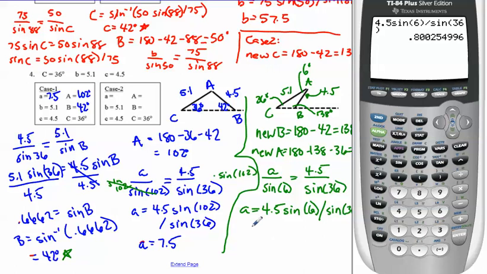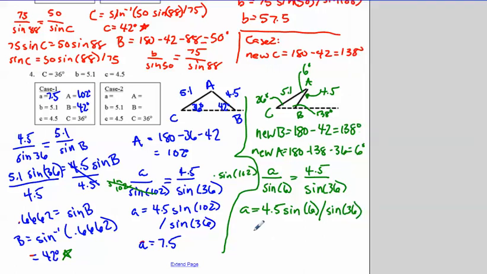Could be 0.8 miles for all we know. So then we'll fill in our information here. 0.8, and A is 6 degrees, and B is 138 degrees. Okay, we have one more example on the next page.